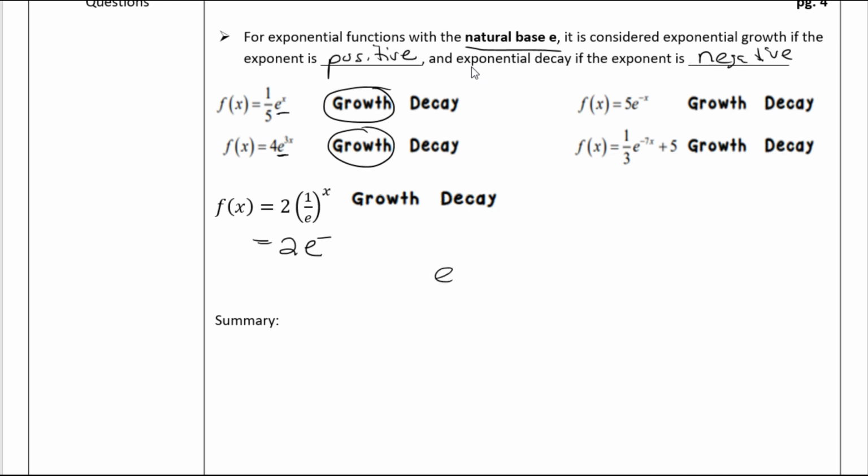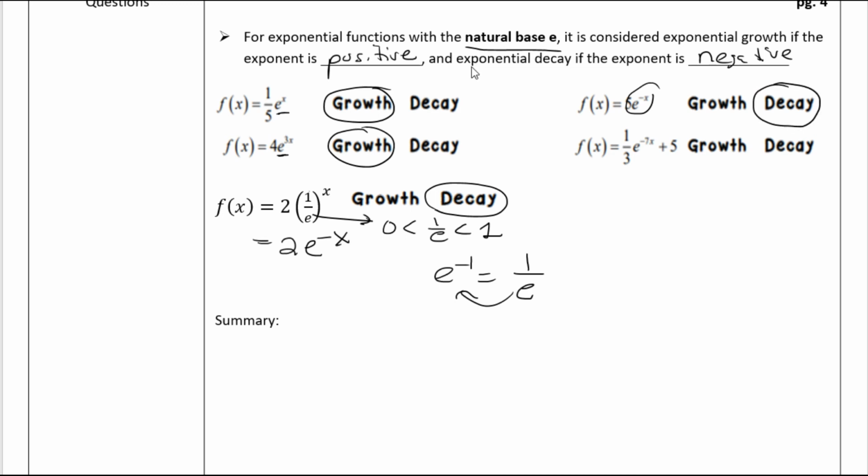So if you know that e to the -1 is 1 over e, then you can write it backwards as e to the -1. So in this case, this is the same thing as e to the -x, which is a decay, negative exponent. Or you can think of it as 1 over e is between 0 and 1. So there's a couple different ways of looking at it. Again, we have a negative exponent, so that means it becomes 1 over e, which is a decay.